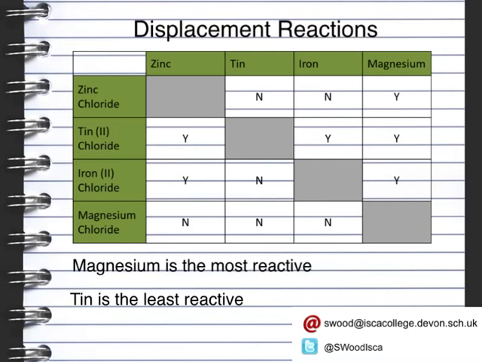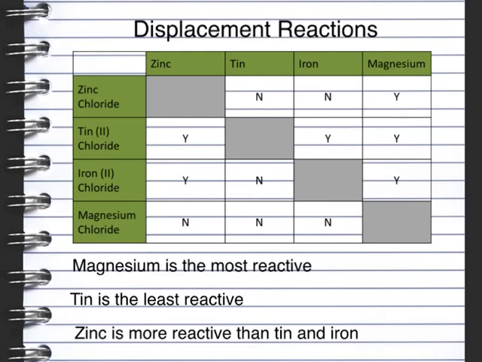We can also see that zinc will displace tin and iron in the chlorides, showing that zinc is more reactive than iron and tin. Now you should also be able to construct the formula equations for each of these.